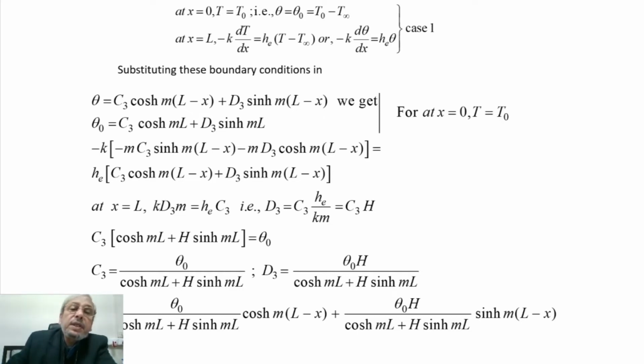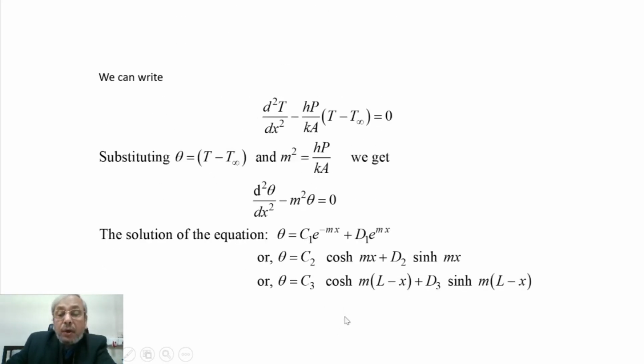Now substituting these boundary conditions, so theta equal to C3 cosh m(L minus x) plus d3 sinh m(L minus x), we have taken the last one. So basically solution is in the form of e to the power minus x and e to the power plus x.